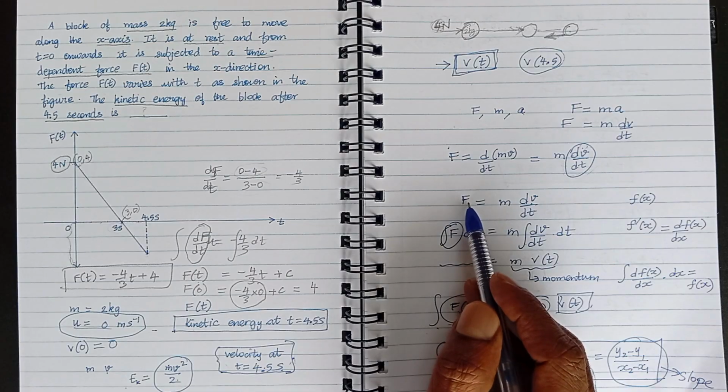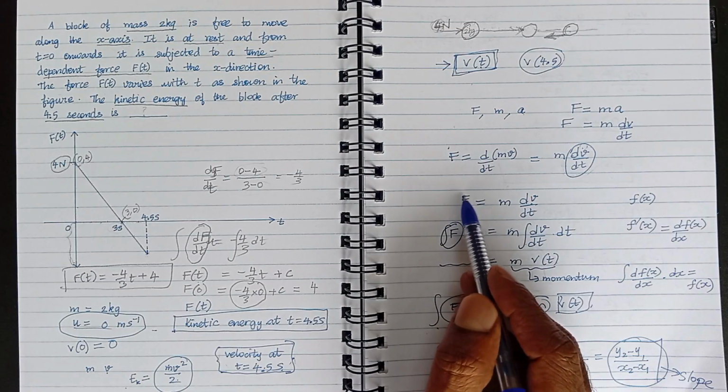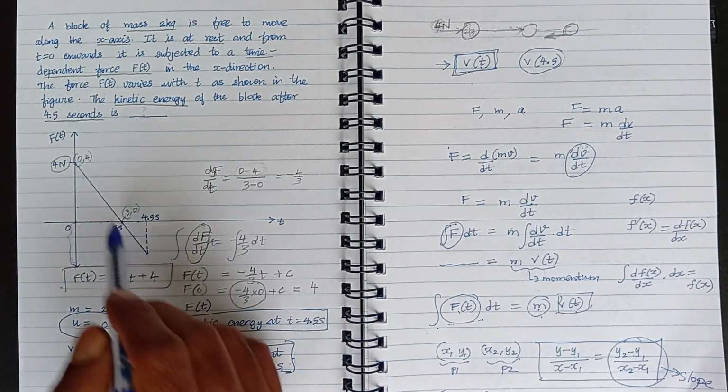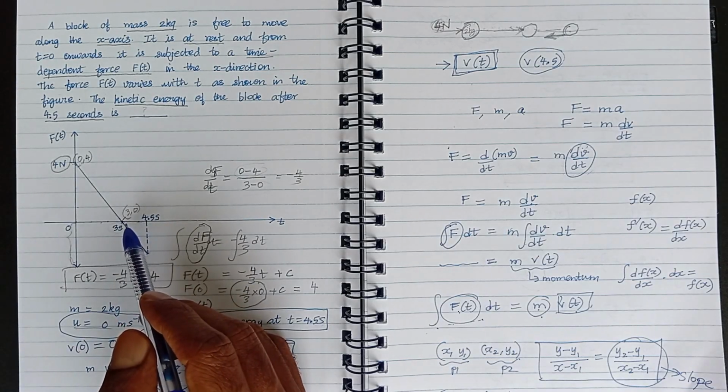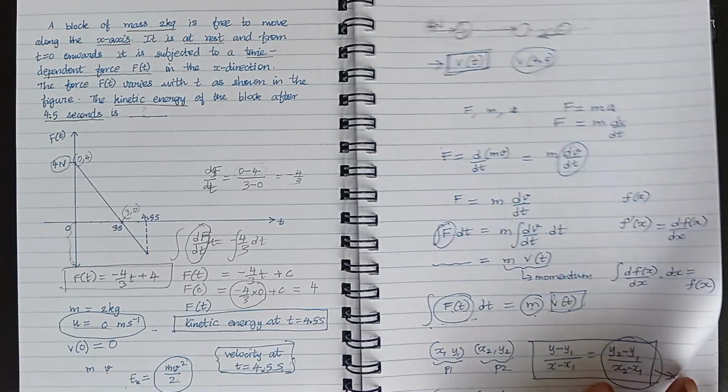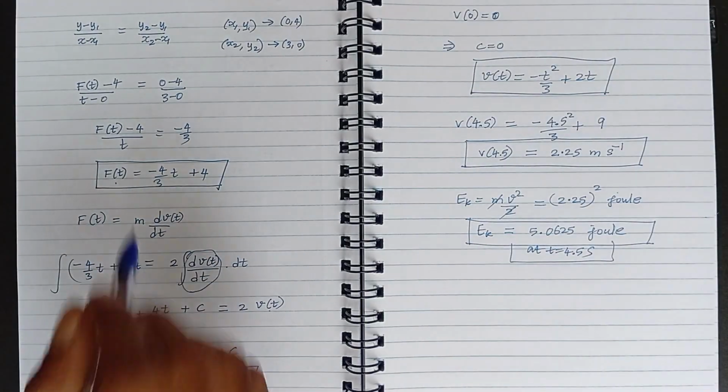So our approach was to find f as a function of t, that is force as a function of t, from the given graph. And in this given graph we know this is a straight line and there are two distinct points given on the straight line. So we used this two-point form of a straight line equation from coordinate geometry, which gives us this force as a function of time, okay?